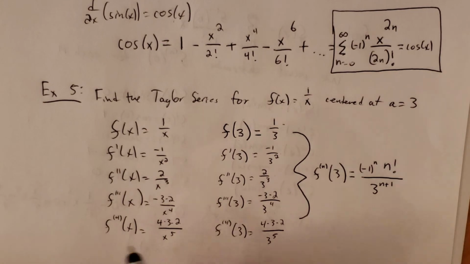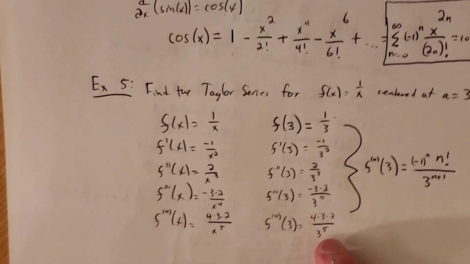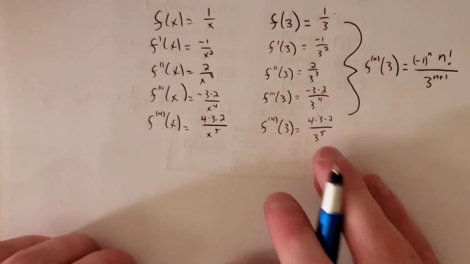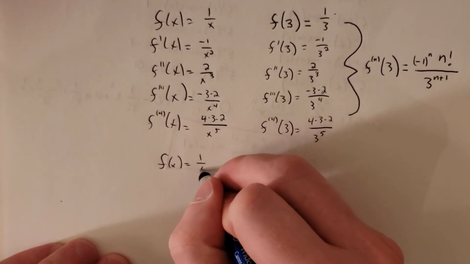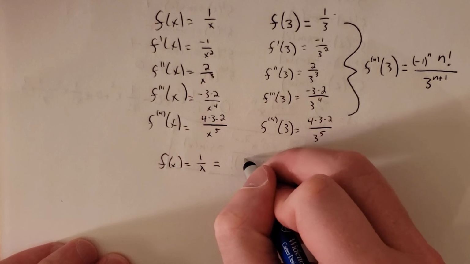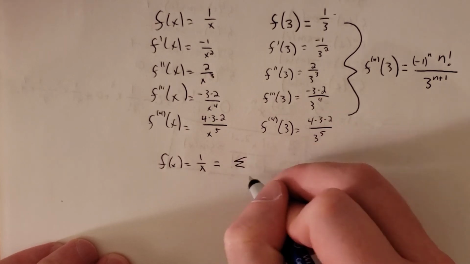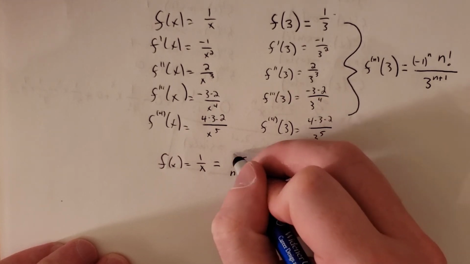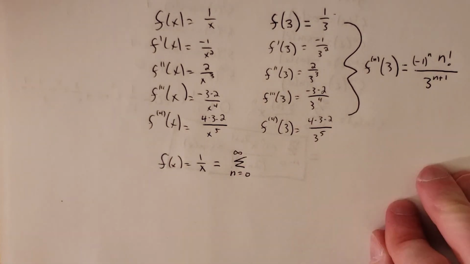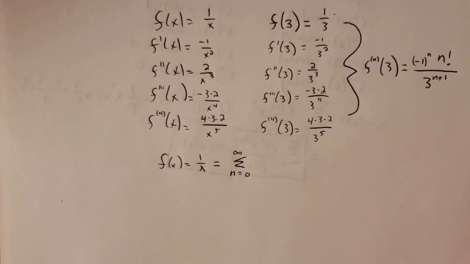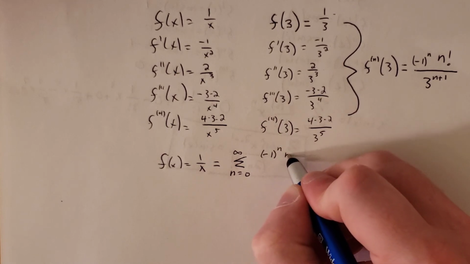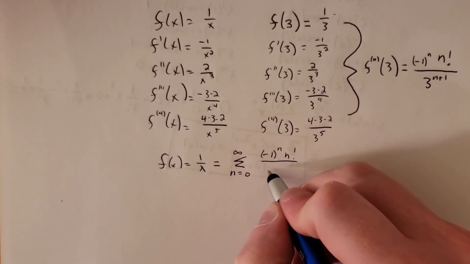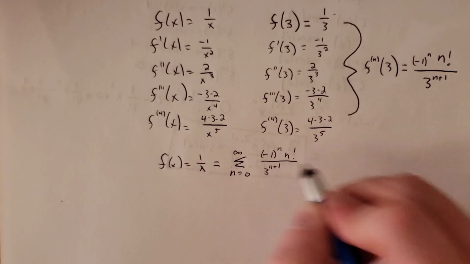So let's go ahead and plug all of this in then. So f of x, which is 1 over x, is given by our series from n equals 0 to infinity of, let's plug this in. So we just write that out, negative 1 to the n factorial over 3 to the n plus 1.